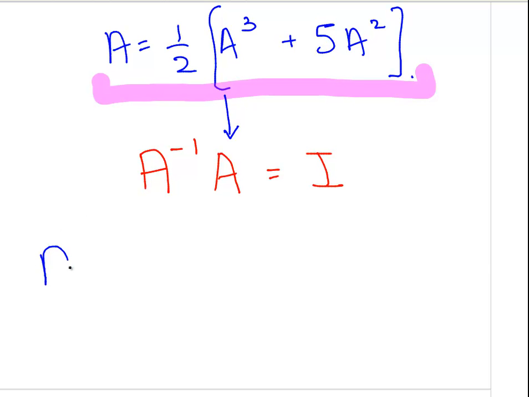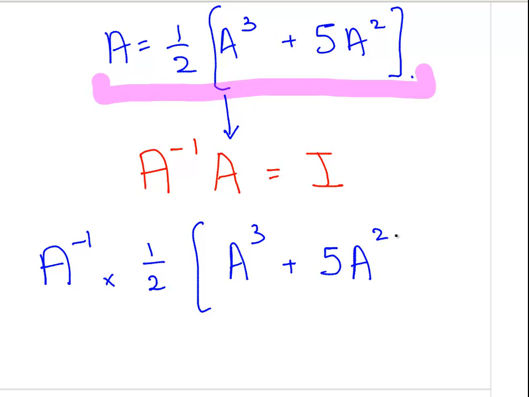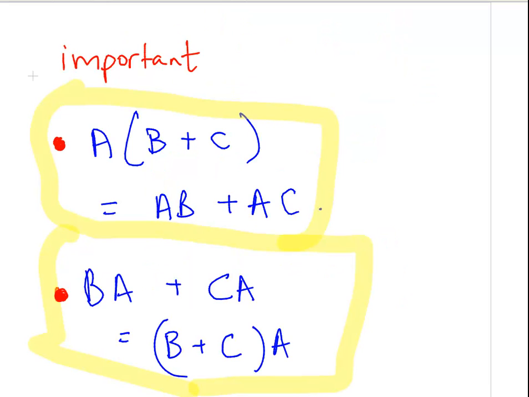So let's do that. A to the minus 1 times 1/2 of (a cubed plus 5a squared). Where I use A, I can use the rule back here: a, or a minus 1, can be a, b can be a cubed, and c can be 5a squared.